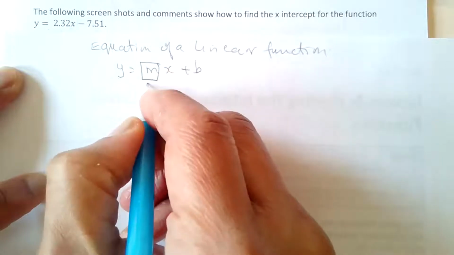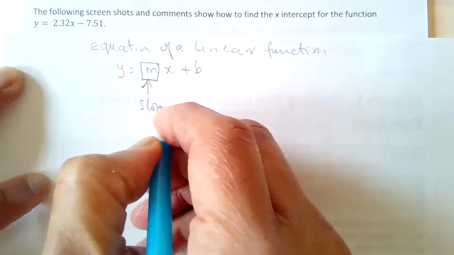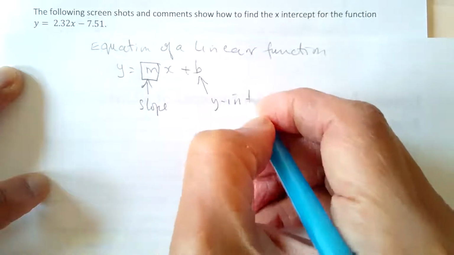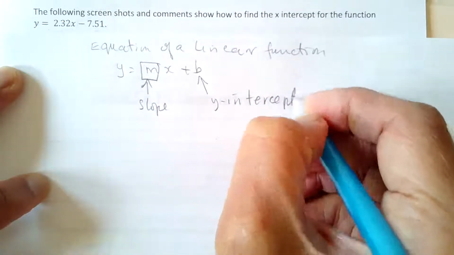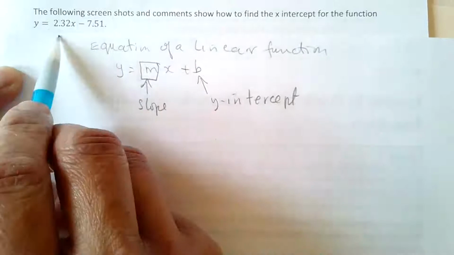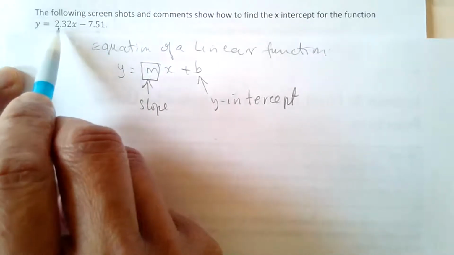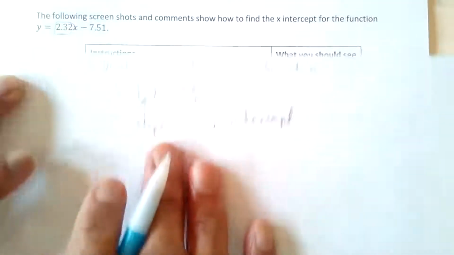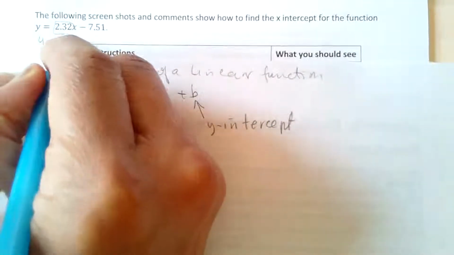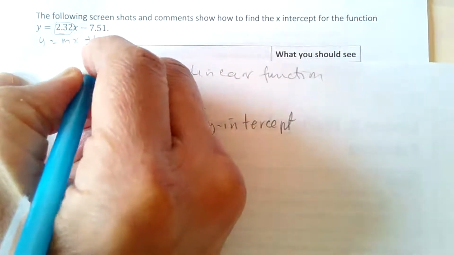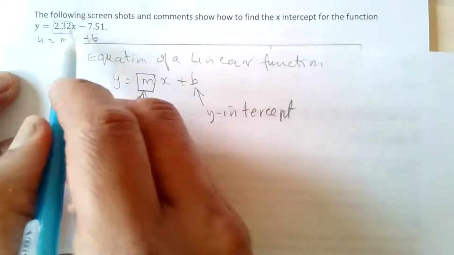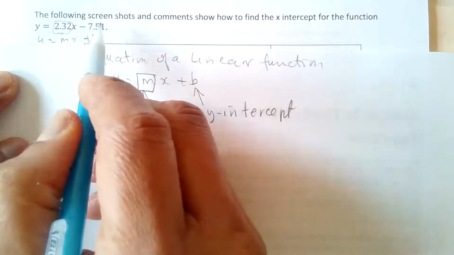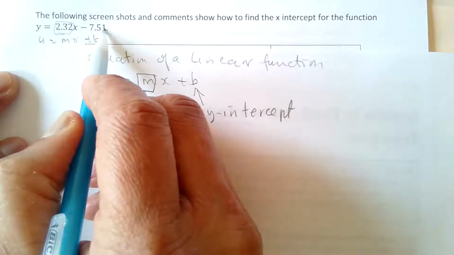And this is your slope, and your b is the y-intercept. So if you look at the way this is written here, this is your m value. So this would be like y equals mx plus b, right? So the m, your slope, is 2.32, and your y-intercept is 7.51.